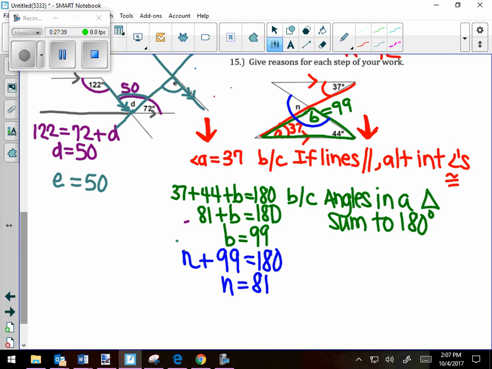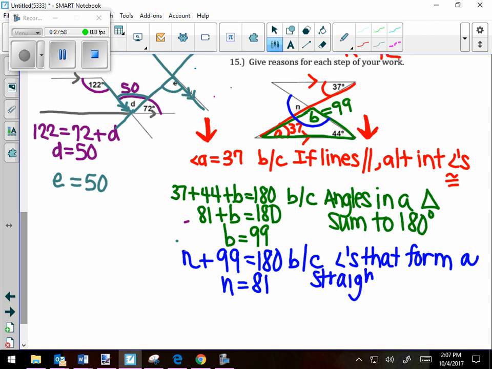So angle N, the final angle that I was looking for, is 81 degrees. I have to give a reason on why I did that, and I'm going to put the angles that form a line add to 180 degrees.